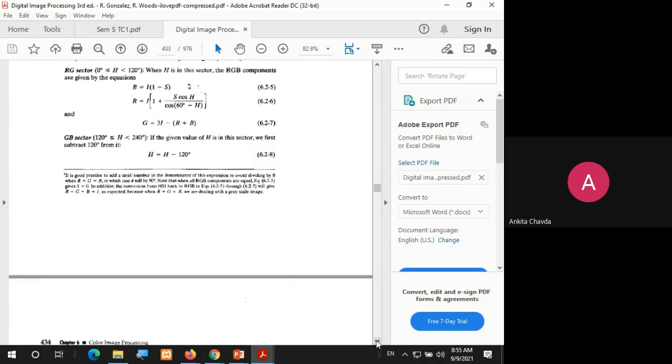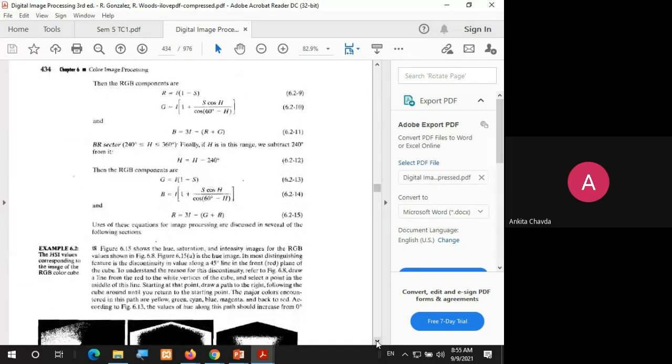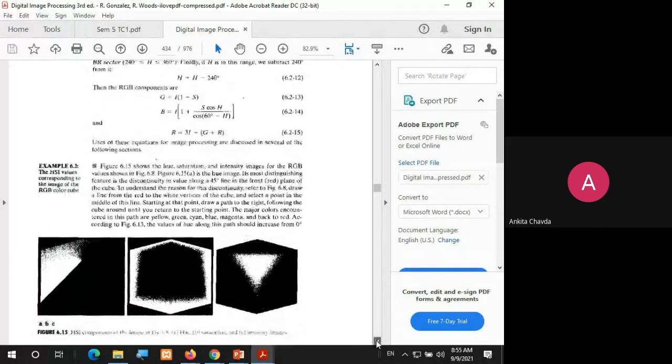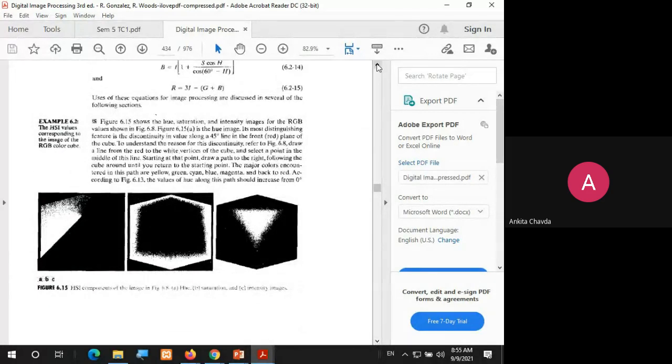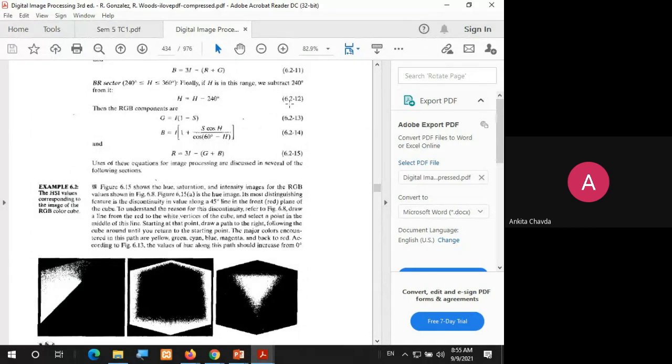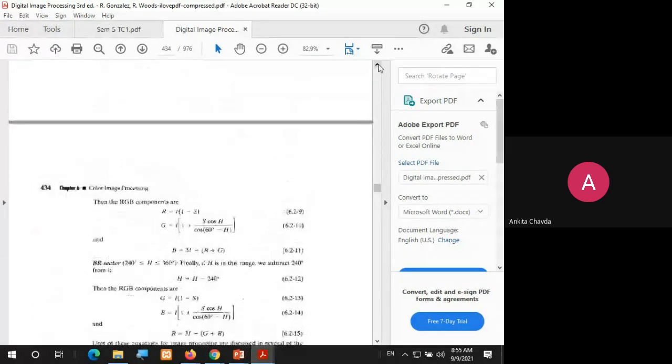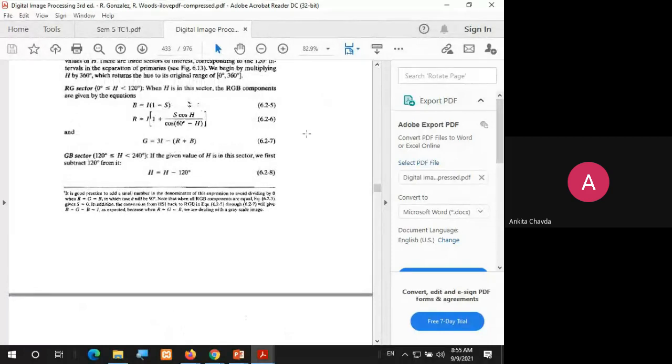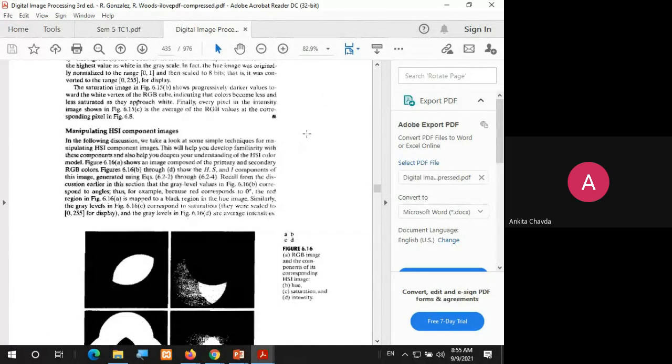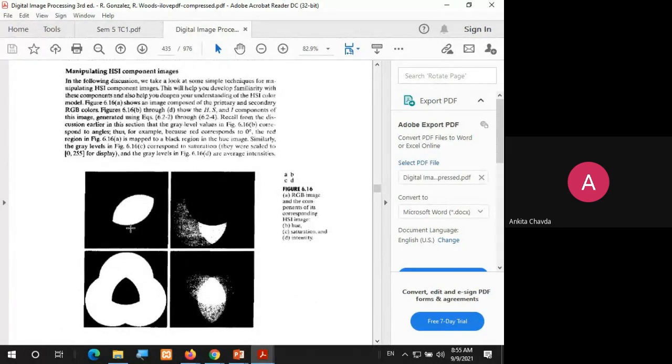If you wish to remember them, you can. I really don't mind. Based on these formulas, you can see the numbers, like 6 to 15, 14, 13, 11. It will start from the fifth formula. Now we'll go to manipulating the HSI components. I'm just showing you this figure because this is the RGB image, and here we are just considering the hue, saturation and intensity of this color, once we convert into grayscale and then do the manipulation.